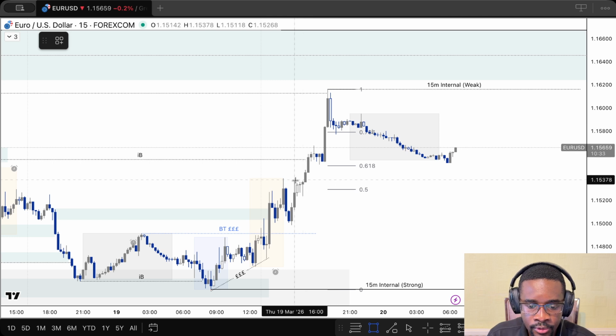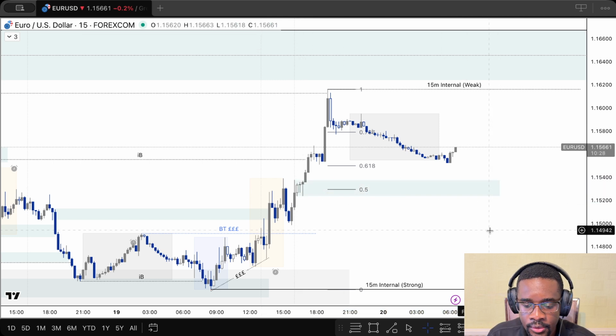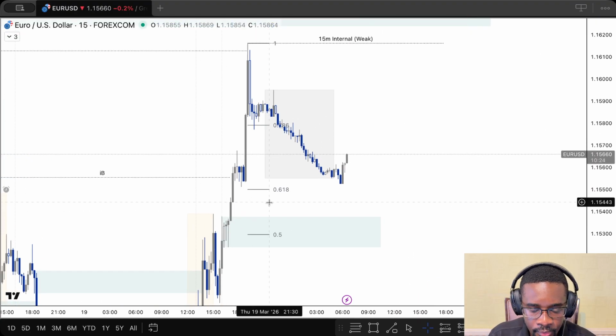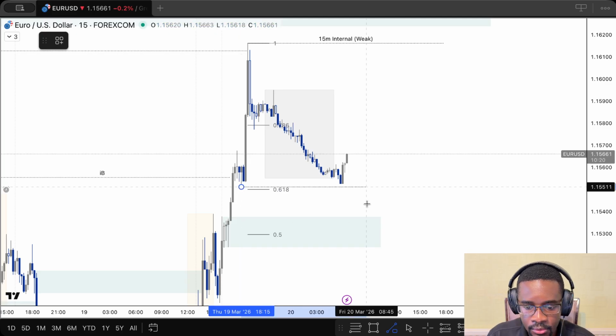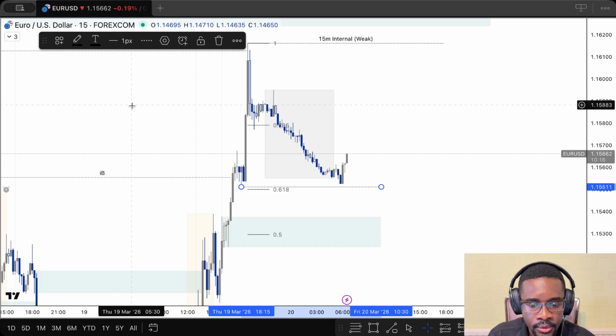So we do have this fractal area down there, right at the EQ. Okay. Let's see. Alright, this is a possible area of liquidity.